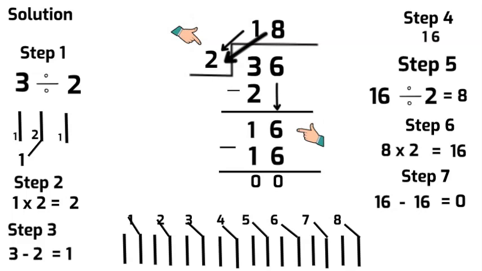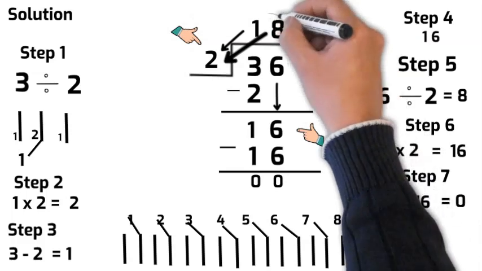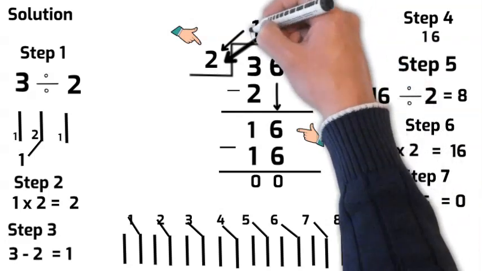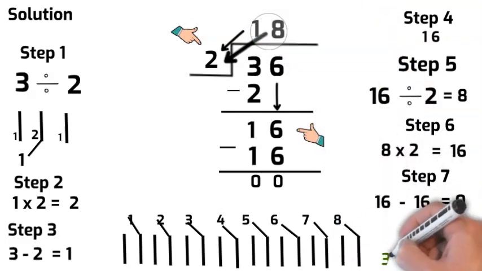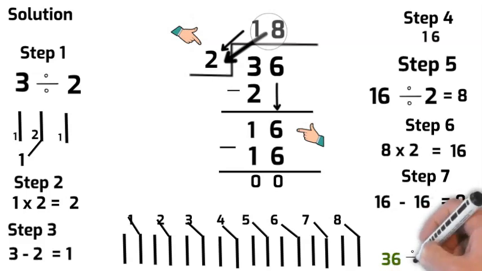We are done with our division because there is no more digit to move down from the dividend. Our quotient is 18, the number at the top. 36 divided by 2 gives us 18.